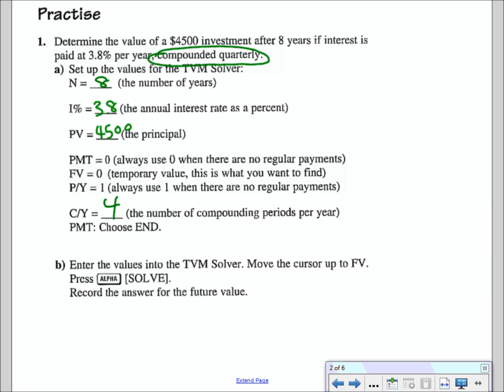On your graphing calculator, you plug in 8 for N, 3.8 for I, you don't have to change it into a decimal, 4,500 for PV, PMT stays 0, FV stays 0, P/Y stays 1, and you change C/Y to 4. Then, since we're calculating future value, you go back up with your cursor to FV, hit alpha, enter, and it'll calculate it.